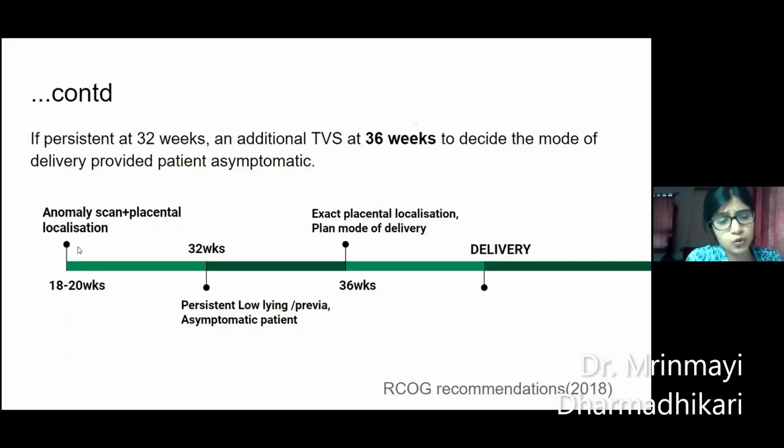If this scan diagnoses a low-lying placenta or placenta previa, then repeat the transvaginal ultrasound at 32 weeks. If at 32 weeks you find that the patient has a persistent low-lying placenta or a placenta previa, and the patient is asymptomatic with no bleeding, repeat the scan at 36 weeks. Now at 36 weeks, if you find that there is a placenta previa or a low-lying placenta, then you need to plan the delivery.